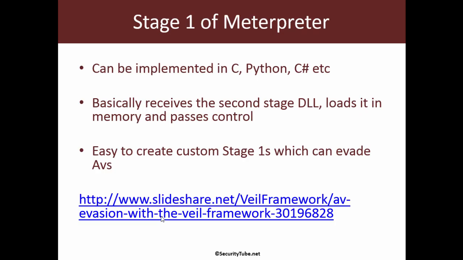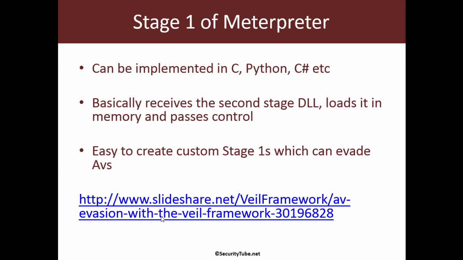Now the interesting part is that stage 1 itself needn't be written in shell code and can be implemented in high level languages like C, Python, C#, etc. And the concept is really that this stage is going to receive the second stage DLL, load it in memory and pass control to it.